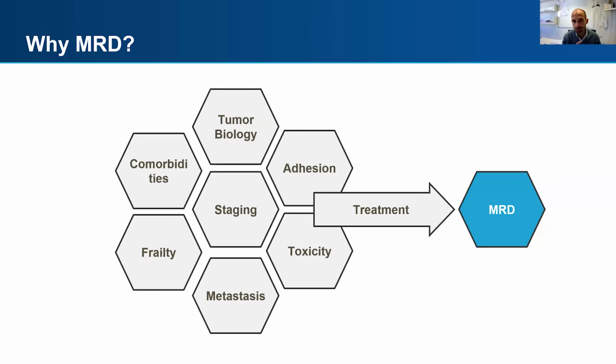The reason is because with a single snapshot of MRD assessment, we are collecting all this information: the patient comorbidities, frailty, staging, the extent of disease dissemination, tumor biology in terms of sensitivity or resistance to treatment, also the adhesion to treatment, the toxicity, which may lead to dose adjustment or drug discontinuation, and ultimately the efficacy of treatment.